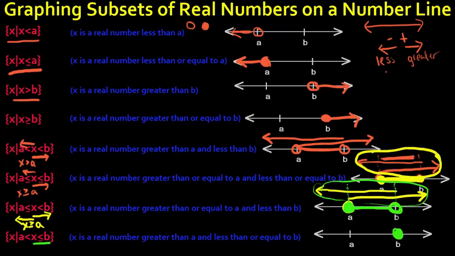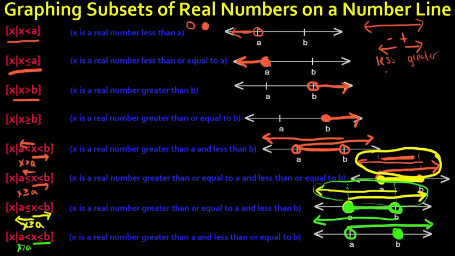So we'll say less than or equal to means that direction to the left. And then a is less than x, which again is really flipping it. x is greater than a. So greater than is an open circle. Greater than to the right.